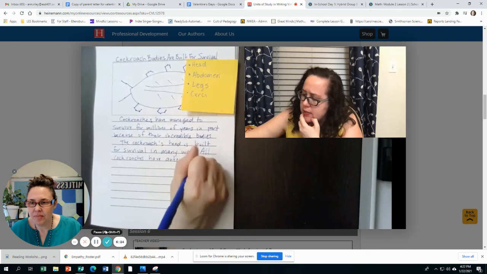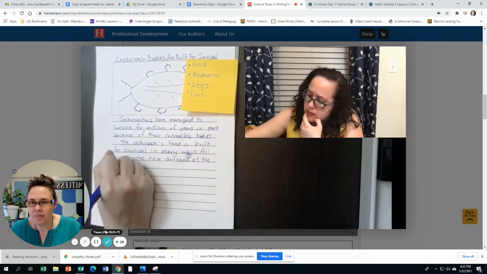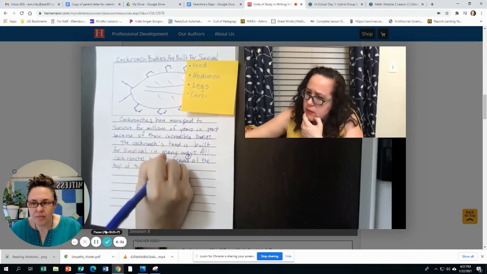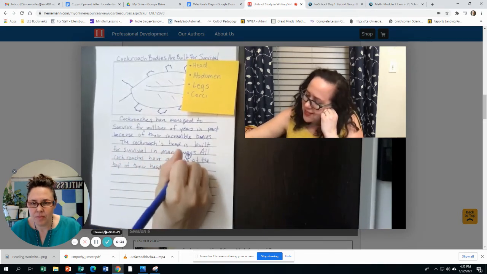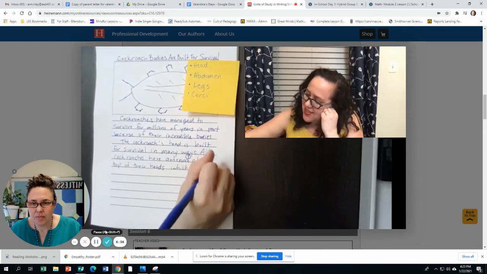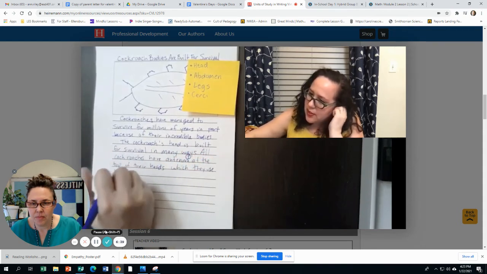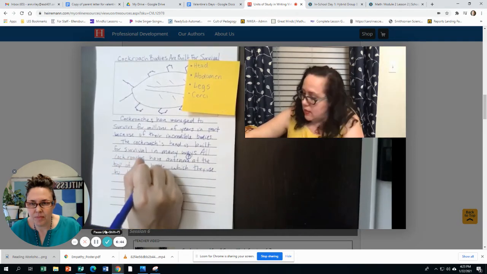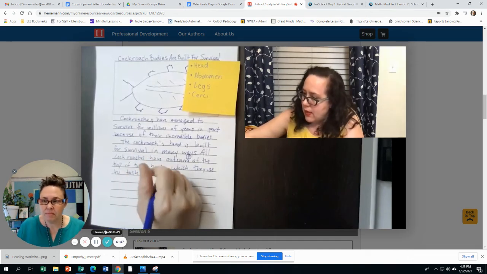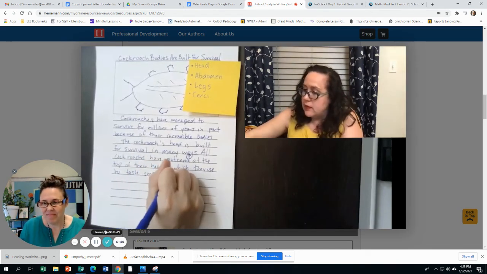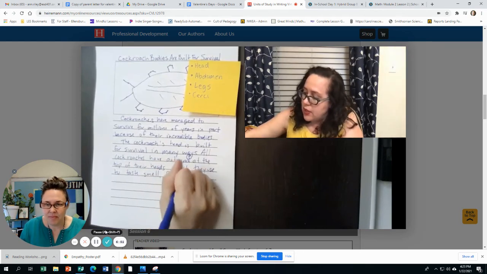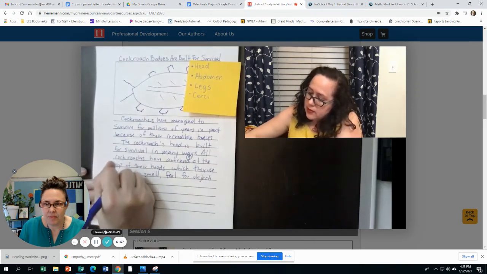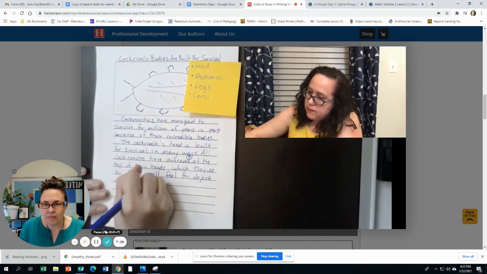Antenna at the top of their heads, which they use to taste, smell, feel objects, and temperature.